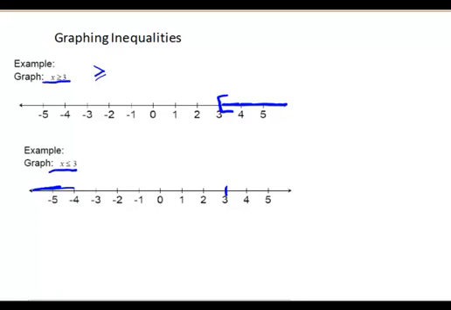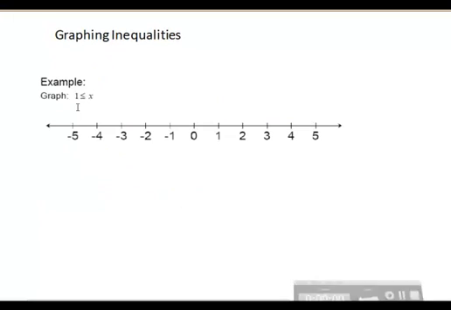That would be smaller than the 3. Then we have to decide about the 3 itself. This time we have less than or equal to. The equal to underneath is what causes you to choose a bracket instead of a parentheses. It will open in the direction of your shading.